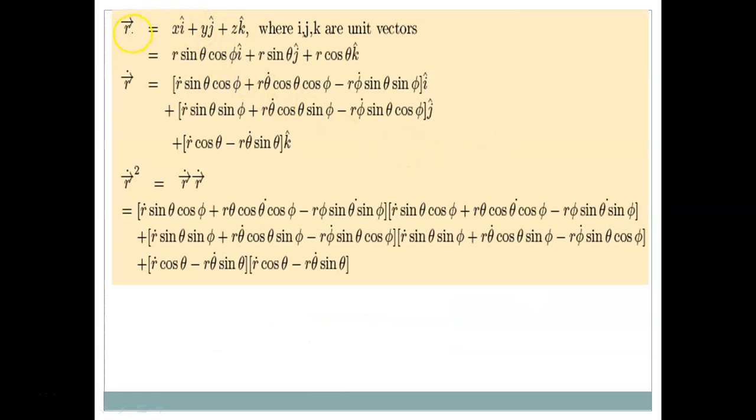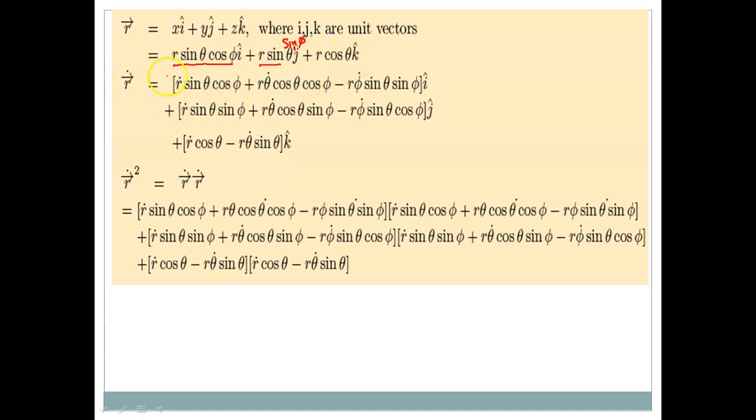Here the position vector of the point P is r = xi + yj + zk. i, j, k are the unit vectors. And we know the value of x is this, y is, in fact something is missing here, this is r sine theta cos phi i, and here it must have been r sine theta sine phi j, and this is r cos theta k, right?